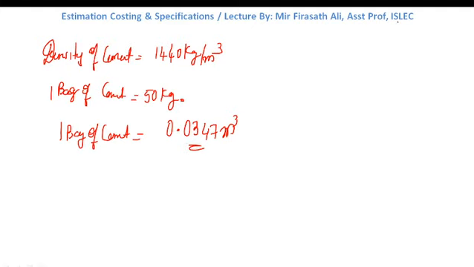How are we getting this? Volume is equal to mass by density. Mass is 50 kg, density is 1440. So from this value we will get 0.0347 meter cube.